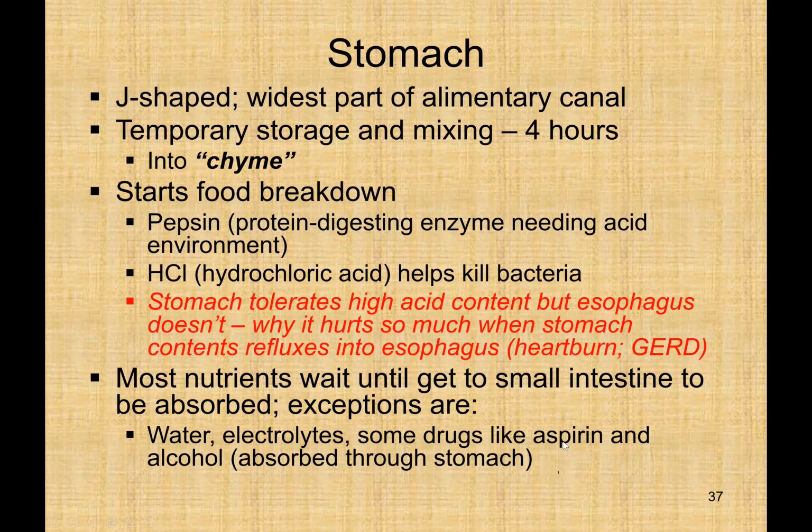And some drugs such as aspirin and alcohol are also absorbed from the stomach region. So it also explains how there could be some form of hepatic bypass. But most of the alcohol is absorbed from the stomach, and most of it is then checked by the liver.